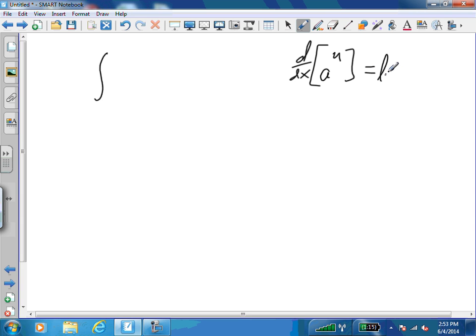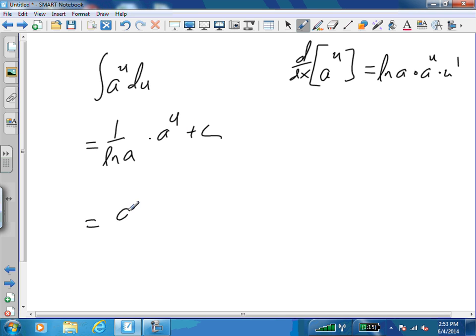We said that derivative is natural log of the base a to the u times u prime. So if we want to look at integrating a to the u du, it's 1 over natural log a times a to the u. Or sometimes you'll see that written a to the u over natural log a.